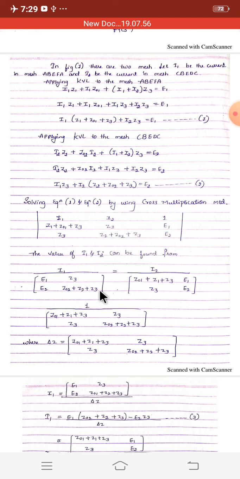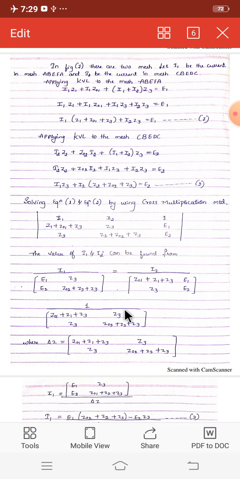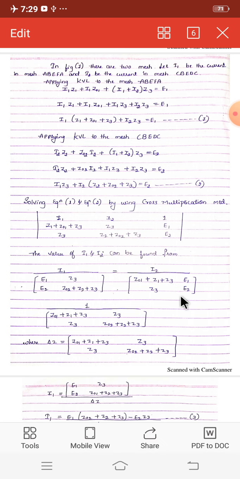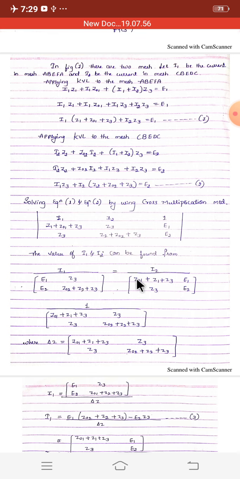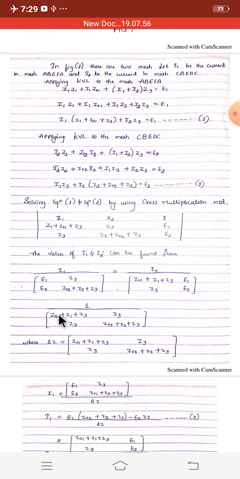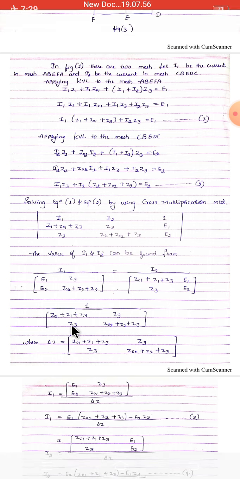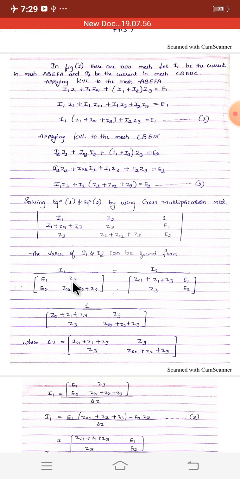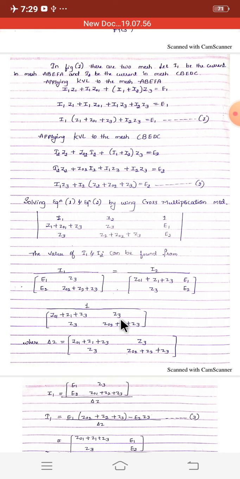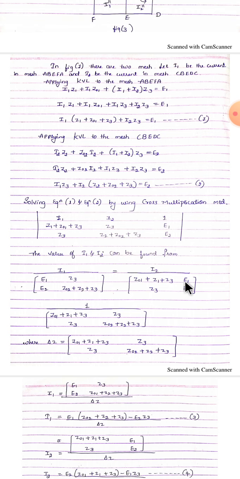Okay, now 1 divided by, here E1, E2, this is also E1, E2. So Z01 plus Z1 plus Z3, Z3, Z3, Z02 plus Z2 plus Z3, is here. Because here E1, E2, here also E1, E2.